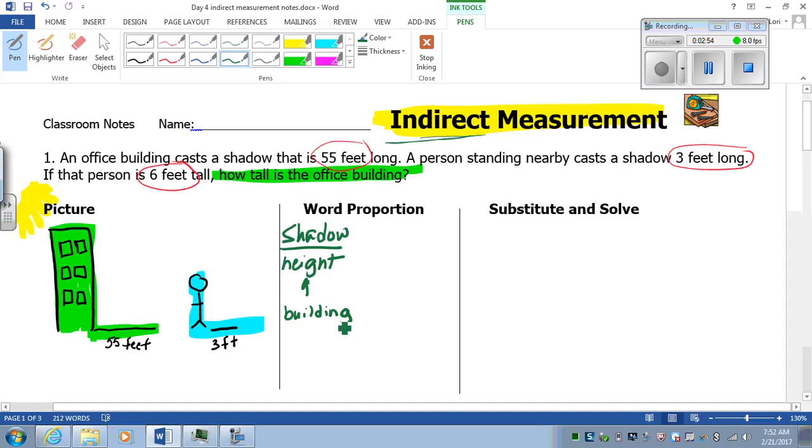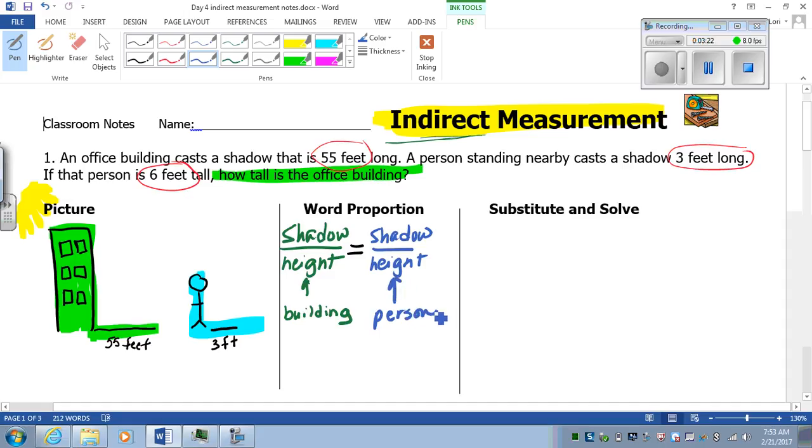Now I'm going to refer to my person in blue. So I'm going to set up a proportion, meaning that I have two equal ratios. Let's go ahead and see what that's going to look like. For my person, I'm talking about the length of the shadow over the person's actual height. And again, this ratio has to do with our person.